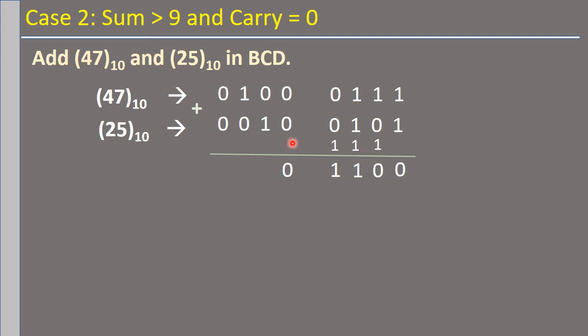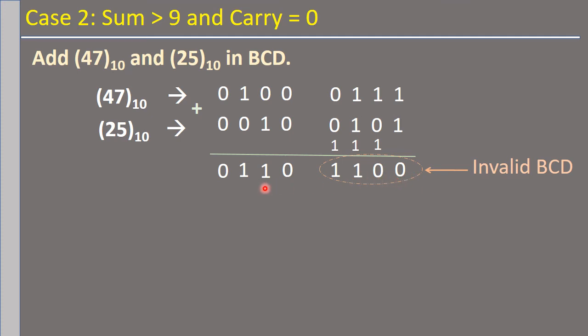So 0 plus 0 is 0, 0 plus 1 is 1, 1 plus 0 is 1, 0 plus 0 is 0. Now if you look at the result, you will come to know that these lower 4 bits are not in a valid BCD form because 1100 is not a valid BCD.